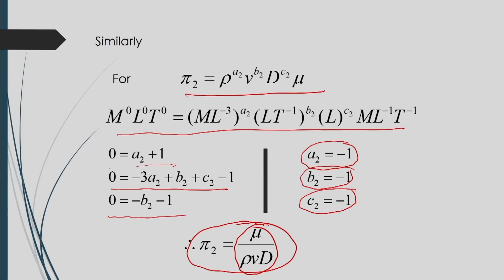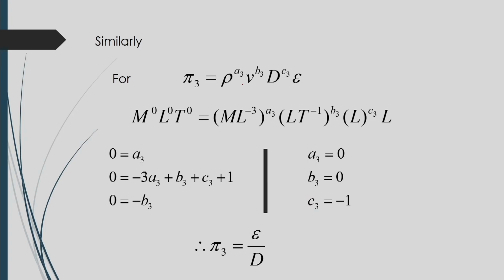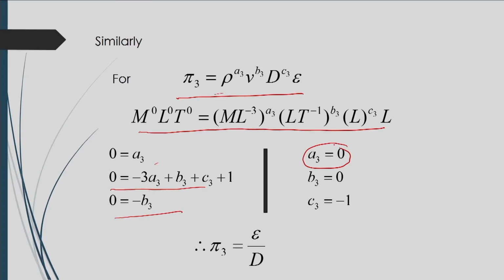Similarly, for pi 3, if you again substitute the dimensions of all variables here and compare the power of these dimensions on the left hand side and right hand side, you can have these 3 equations, and after solution of these 3 equations, you will see that the value of a3 will be 0, b3 will be equal to 0 and c3 will be equal to minus 1.